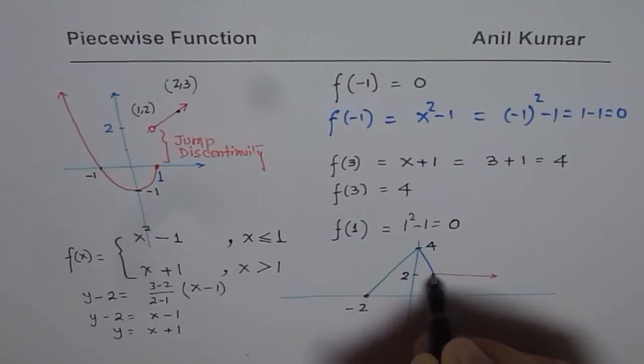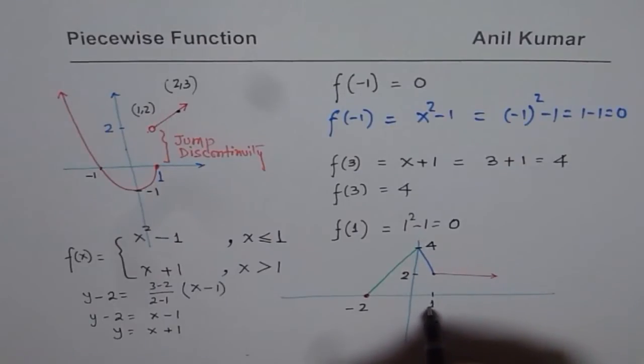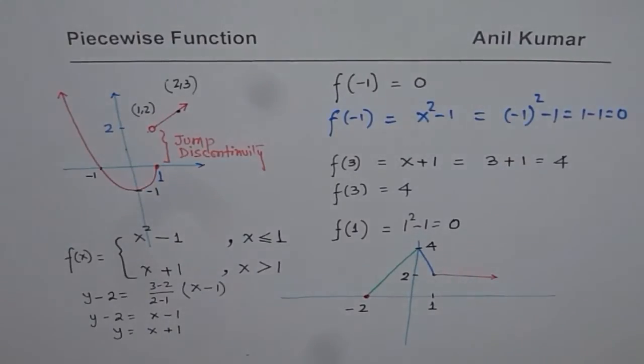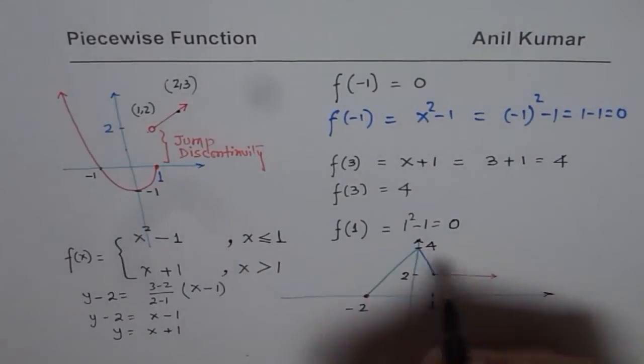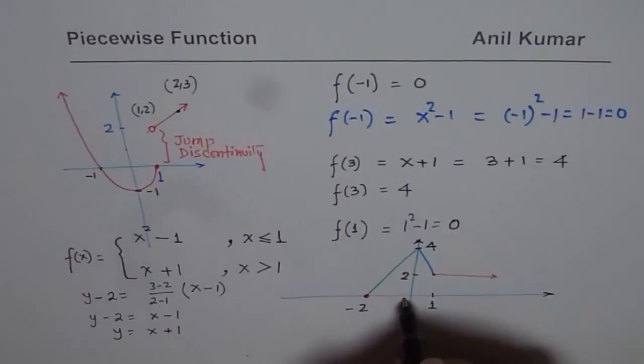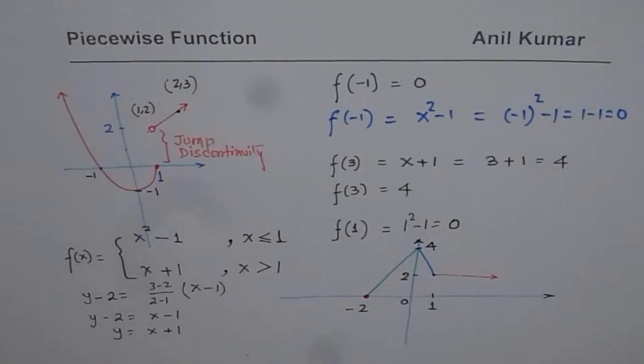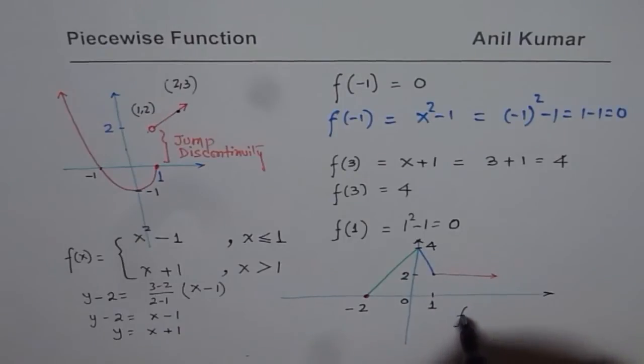Now given these points, I think it should be not very difficult for you to write down the equation for the piecewise function, right? So I just created one. So remember, in this piecewise function, we are looking for three different pieces, right? So you should write in like three different pieces.